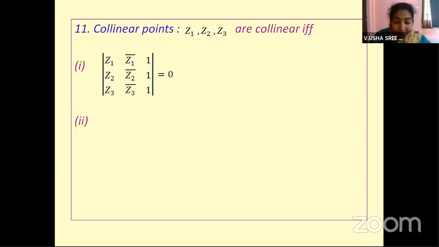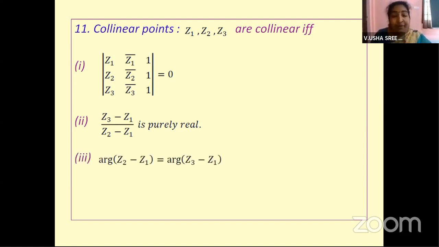Not only that, we have a few more conditions. Now, suppose Z3 minus Z1 divided by Z2 minus Z1 is purely real. When you calculate the value of Z3 minus Z1 by Z2 minus Z1, if you are getting the answer as purely real, what do you mean by purely real? You should not have any i term, isn't it? So in that case also we can say the given complex numbers are collinear.